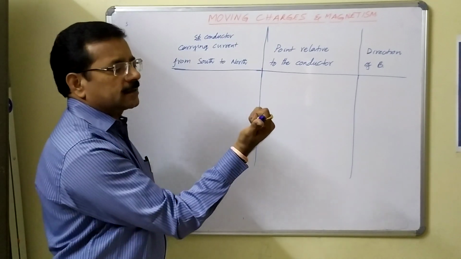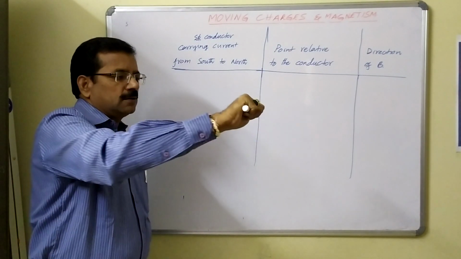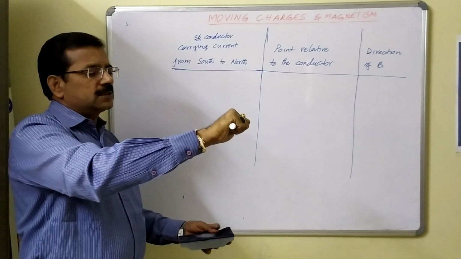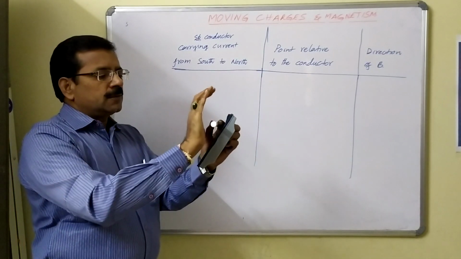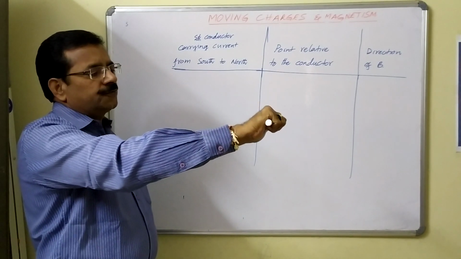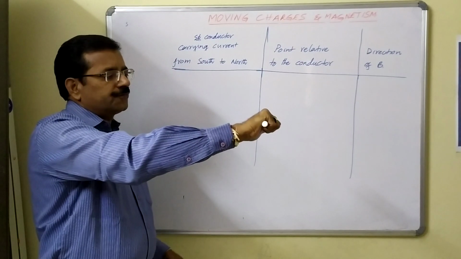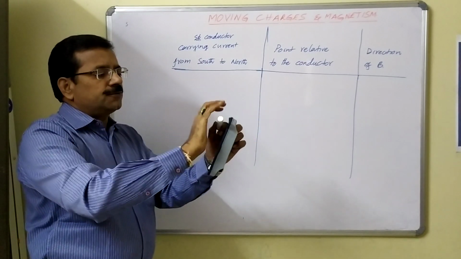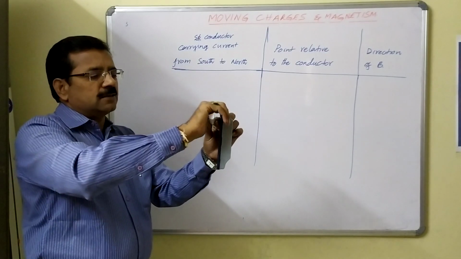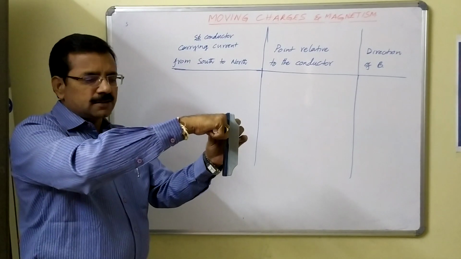It is carrying current like this, from south to north, away from you. The direction of flow of current is from south to north. So imagine yourself holding your right hand like this, the thumb pointing the direction of flow of current. Then the direction in which the four fingers of your right hand curve indicates the direction of magnetic field lines.